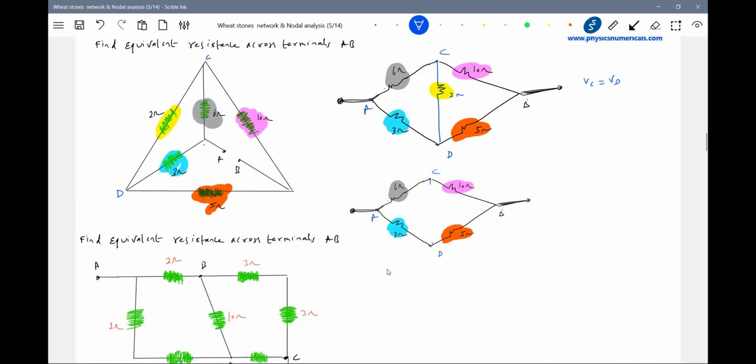Then these two, 6 ohm and 10 ohm, are in series. These two are in series. So the effective resistance will be 16 ohm and this will be 8 ohm.